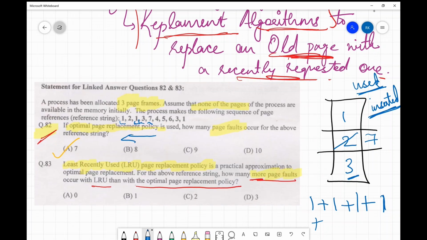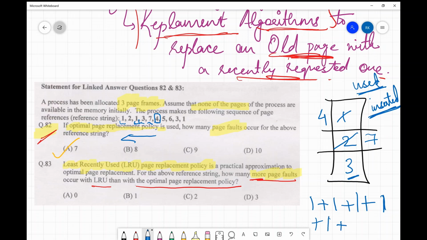In optimal, we saw in the other direction. Now I am here to replace something for 4, and I am focusing on this. 7 and 3 have been just used, so 1 is the oldest one over here. So we'll cut this and I'll mark 4 over here. And this is one page fault because of this 4.